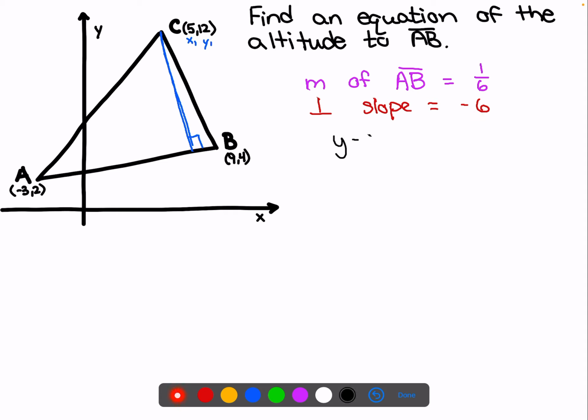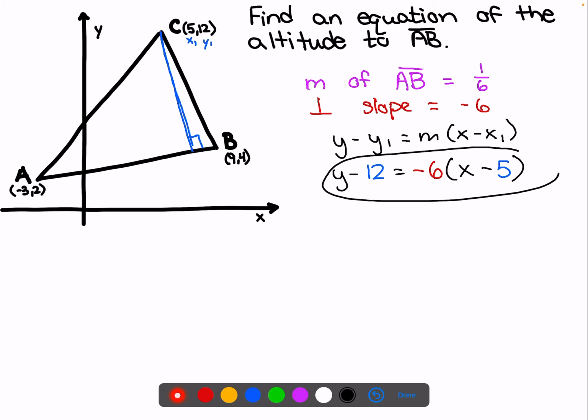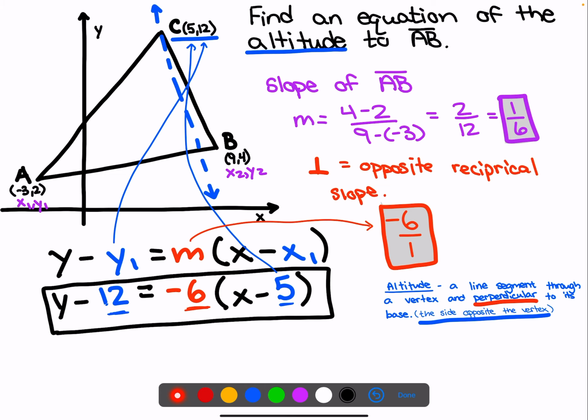So we have y minus y1 equals m times x minus x1, which will give us y minus 12, which is y1, is equal to m, which is -6, times x minus x1, which is 5. And that is the equation of this altitude. And again, we can see that right here. y1 is 12, x1 is 5, and then our slope is -6.